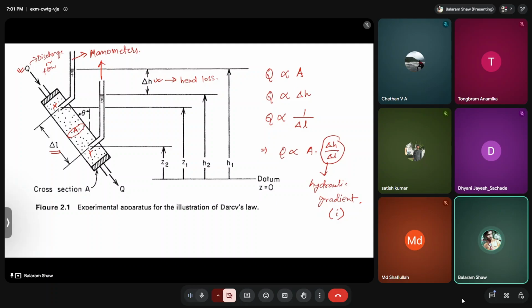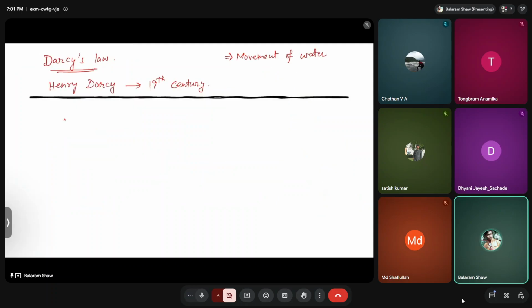Now I'll write here Q is proportional to A into del H by del L. To change this proportionality into an equation, we have to put in a proportionality constant. So let's put K as the proportionality constant.